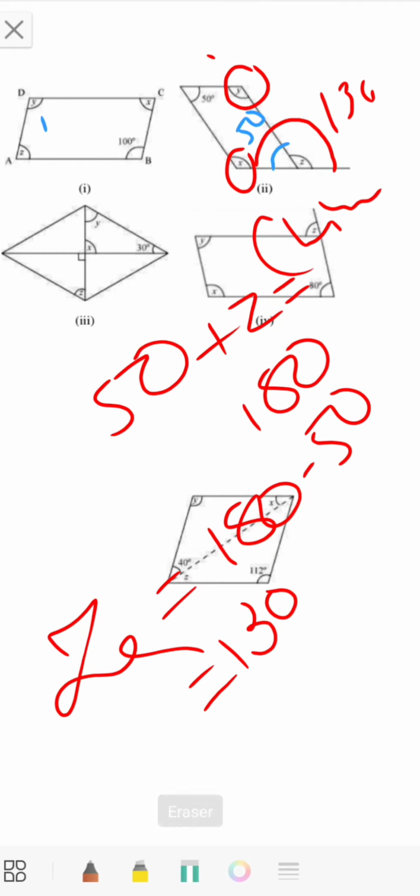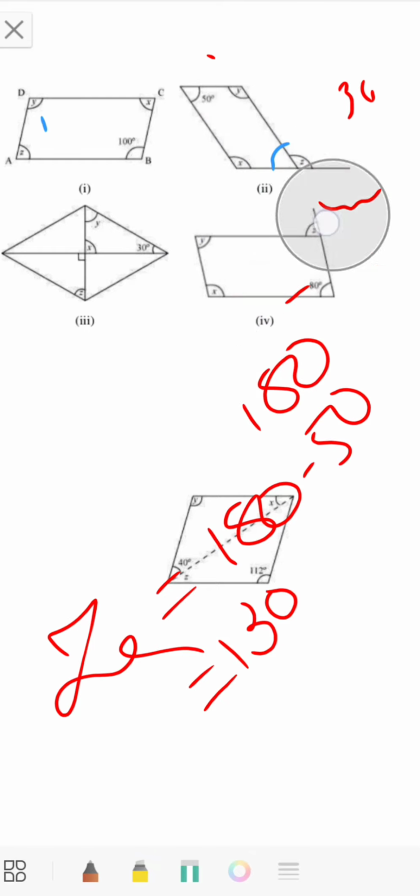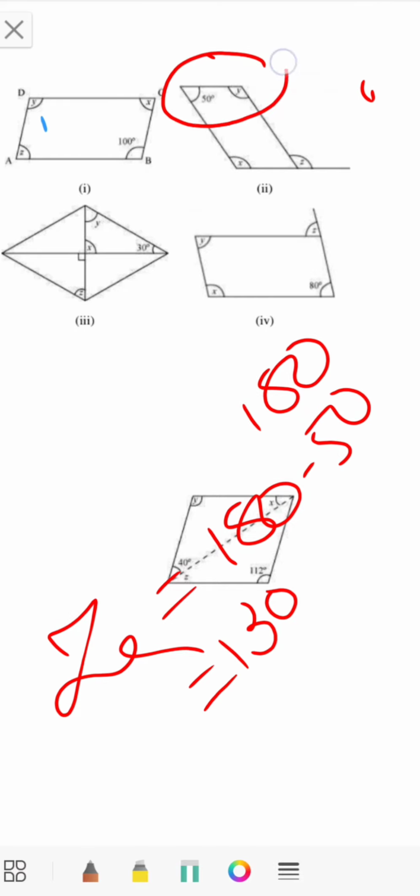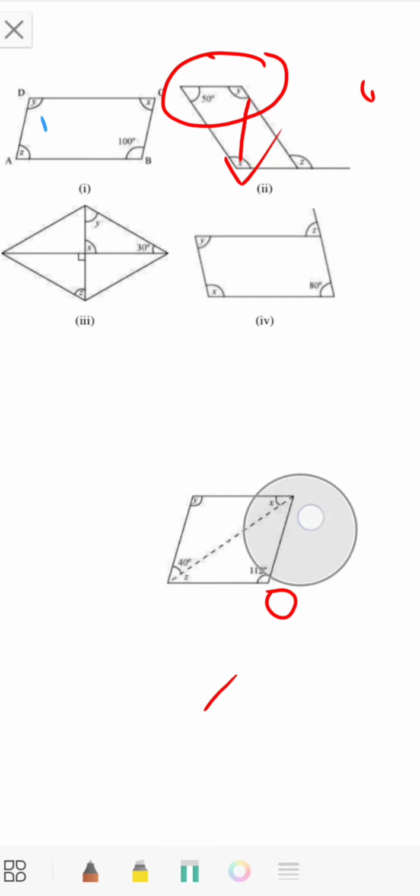If you take a look, y and x are opposite angles, and opposite angles are equal, but here neither x nor y is known. So which property will I apply? Yes, very good, the property of adjacent angles. So 50 plus y is equal to 180. Once I get this, then by the opposite angle property I will get the remaining.